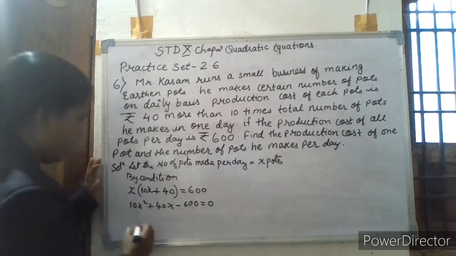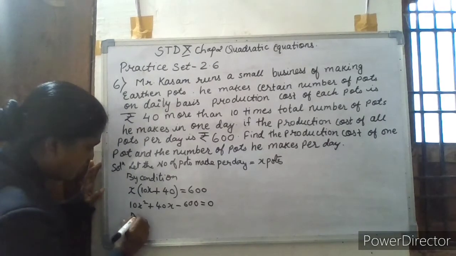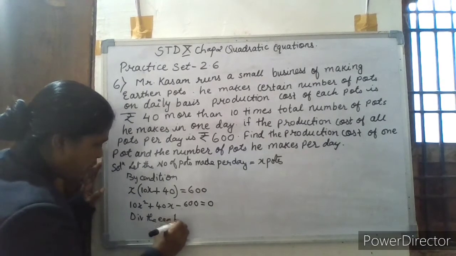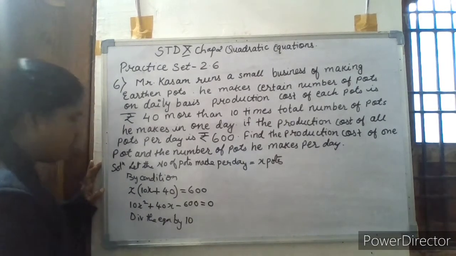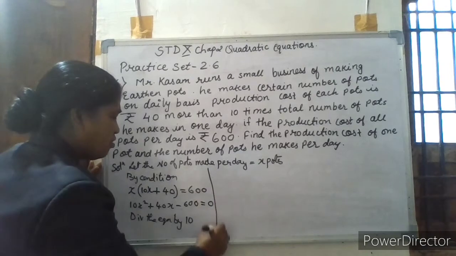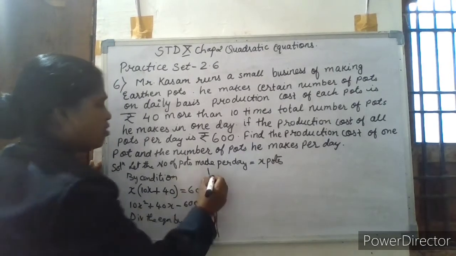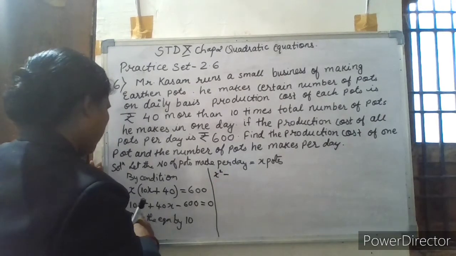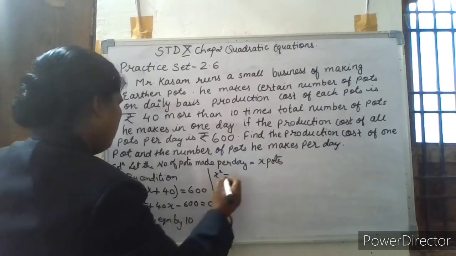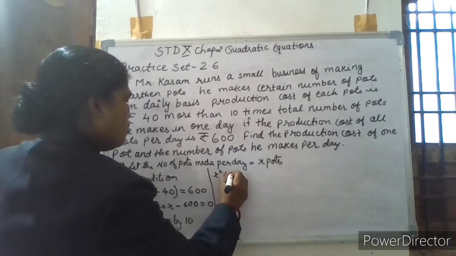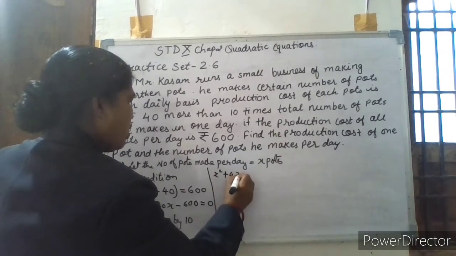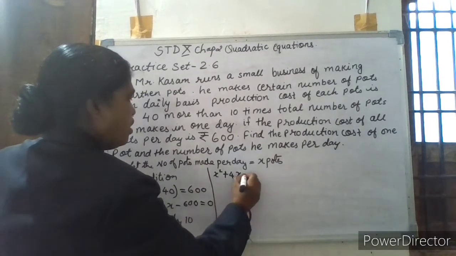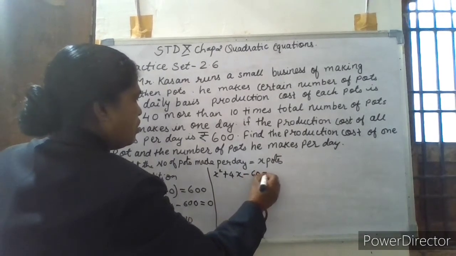So divide the equation by 10. So we get the equation as x squared plus 4x, 0 goes away because divided by 10, minus 60 will be equal to 0.